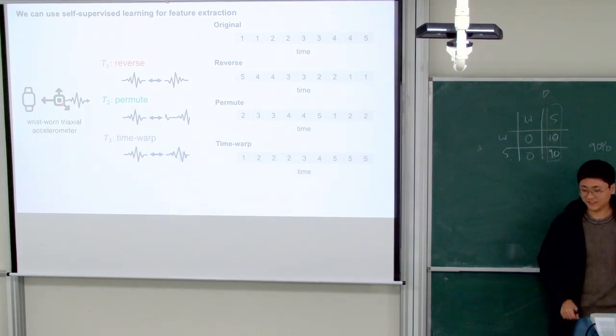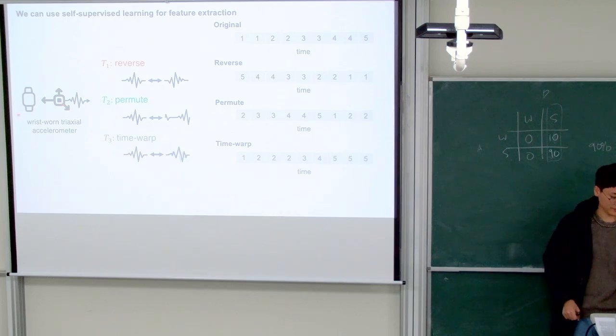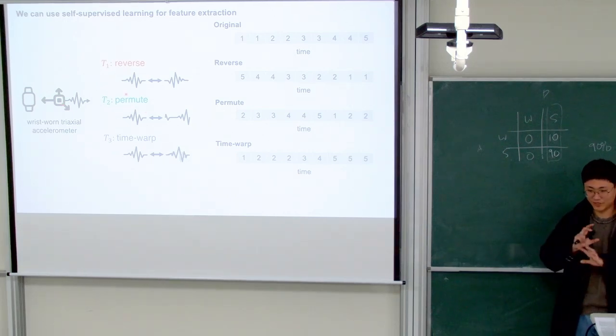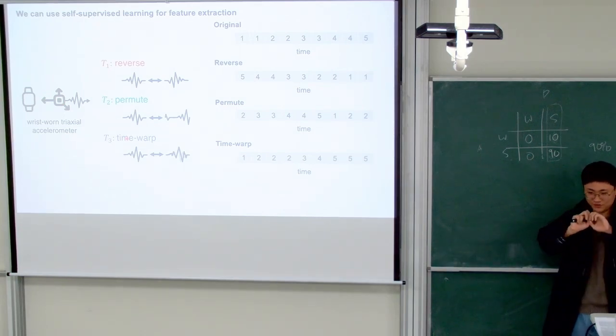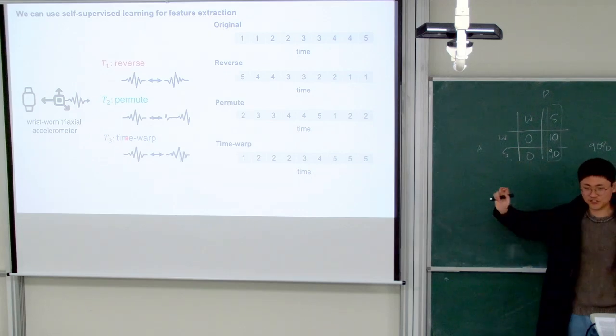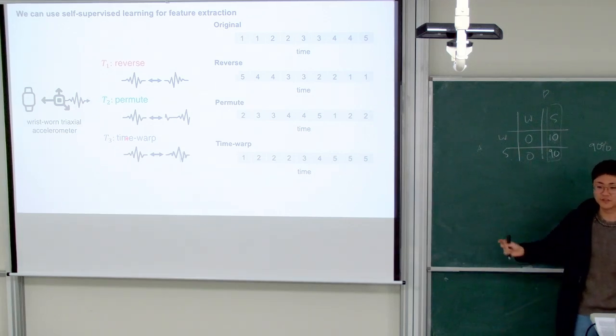They randomly sample and then randomly apply these 3 transformations. And here the permutation is of course random, and also the time warp. So choosing the time point to squeeze and stretch is also random.